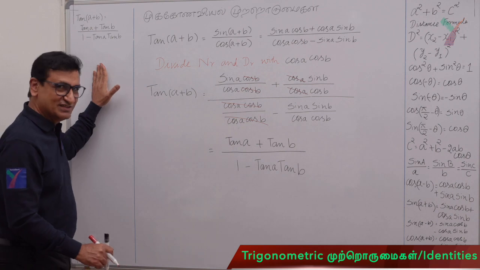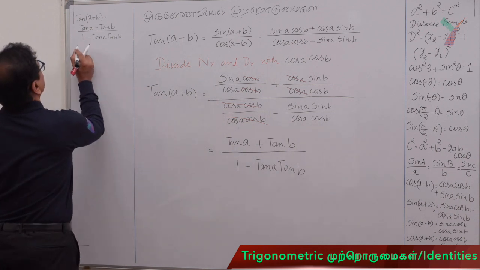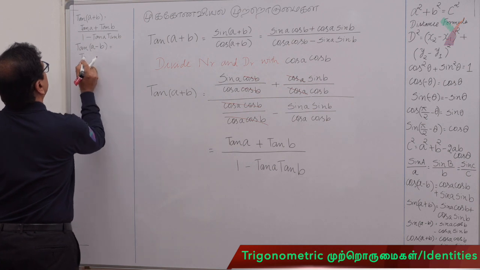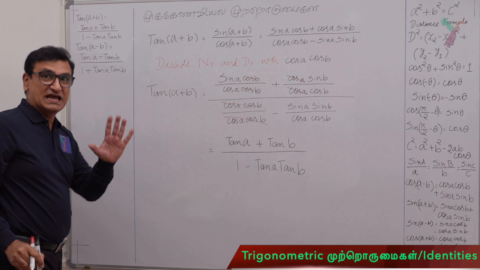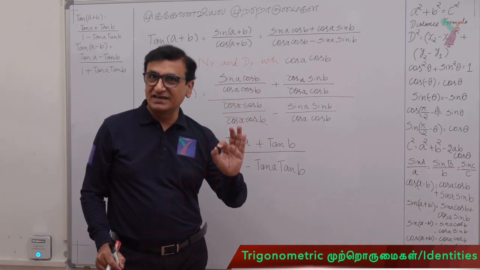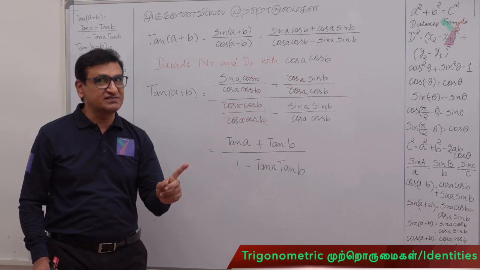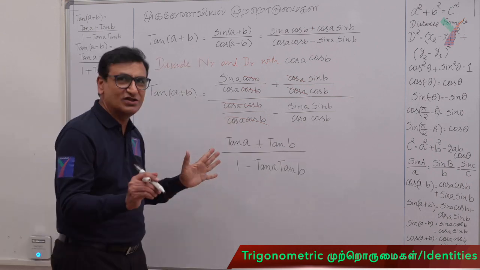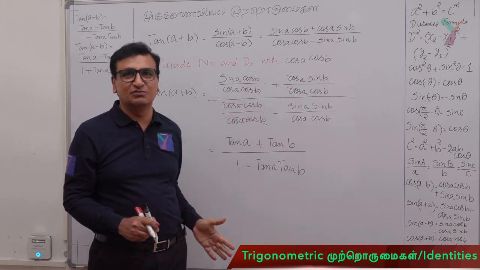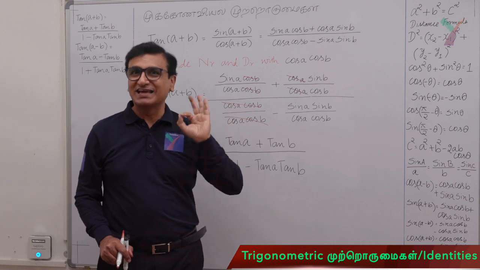I am just going to write the formula and you can easily do yourself. So tan A minus B would be tan A minus tan B divided by 1 plus, remember 1 plus tan A tan B. So we have done all the angle addition and subtraction formulas for cos, sin and tan. Next we are going to do the double angle formulas.